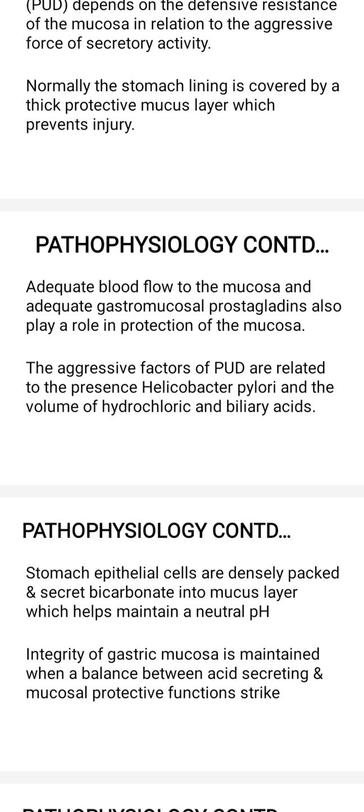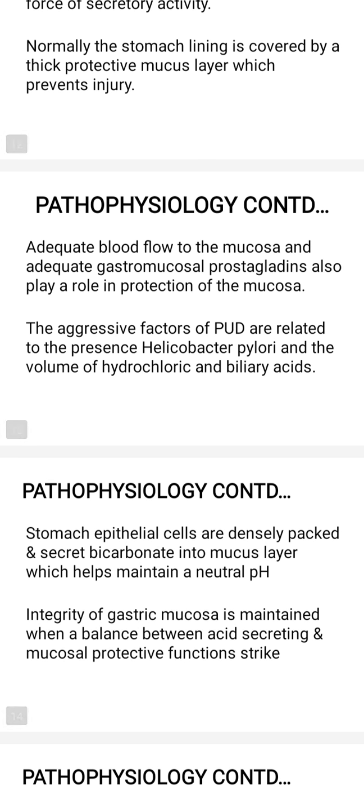We've also got epithelial cells within the stomach, and the function of epithelial cells is to secrete bicarbonate. So what normally happens? During a meal, there is the hormone called gastrin, from the G cells.